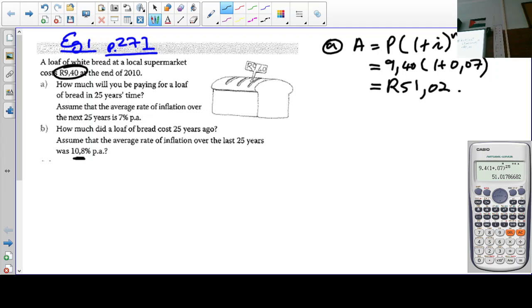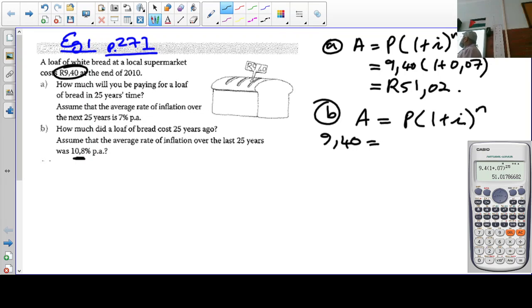So that is what we're ending off with. The final amount. So what do we have? Again the formula. A is equal to P into 1 plus i, the exponent n. You didn't have to write it down again. So what's your P value? What's your P value? 9.40 equals. Sorry, your A value is 9.40. The P is what we're actually going to calculate, not so?